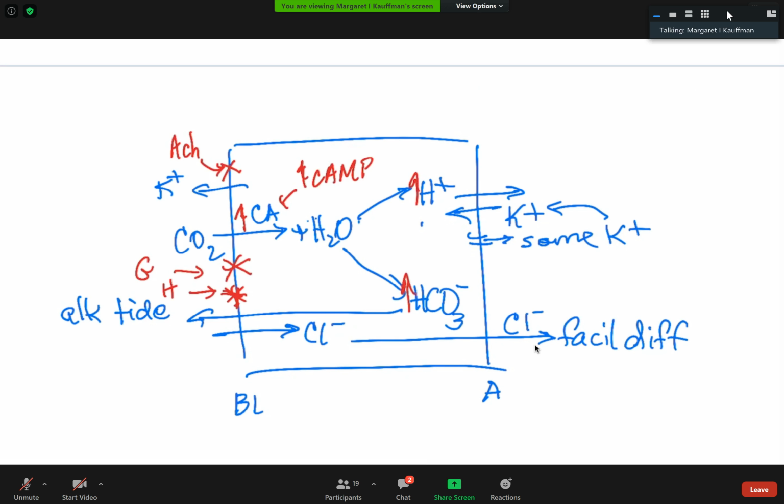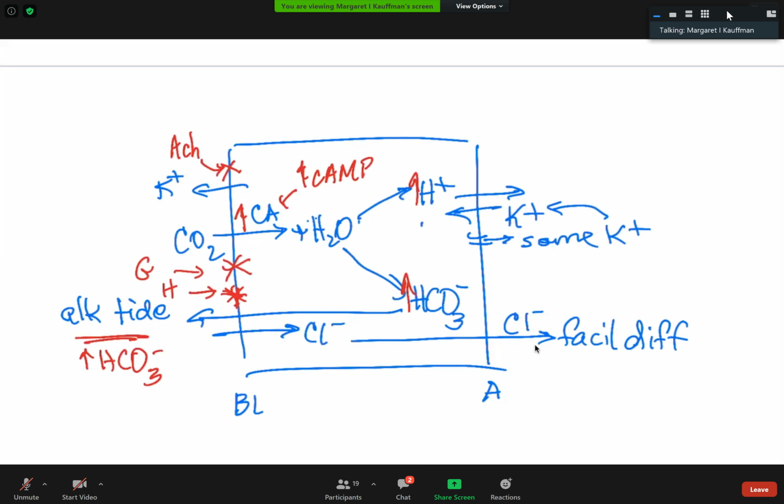So as he mentioned, there is an alkaline tide, which means that there's an increase in bicarbonate that is leaving the stomach area. And that blood eventually flows into the portal vein going to the liver.